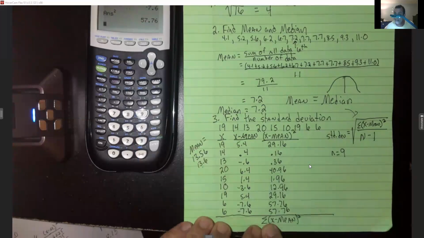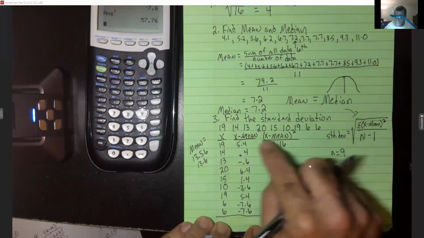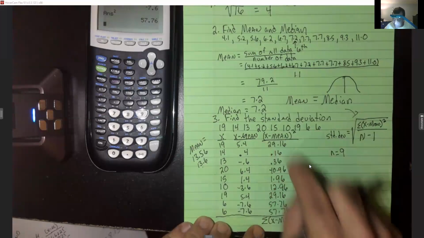Now, I'm going to add this whole row up, and that'll be the sum. That's what that E means, is sum. This will be the sum of all my x minus means in squaring them, okay?